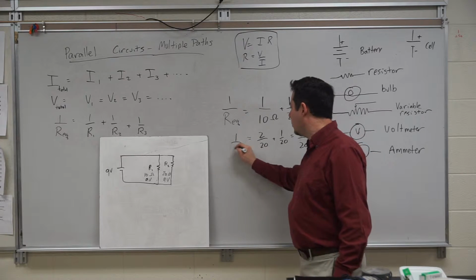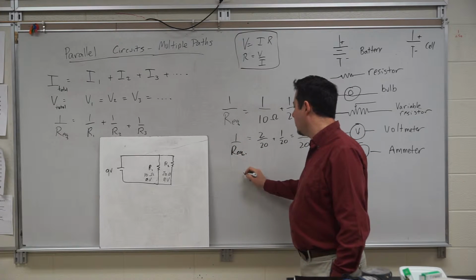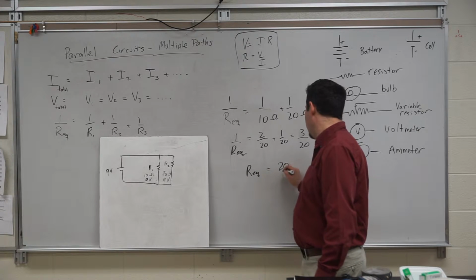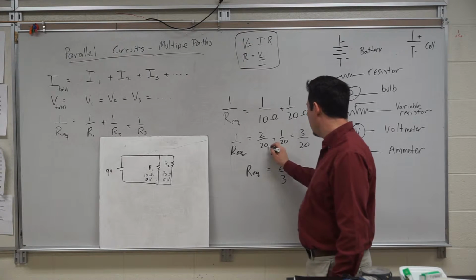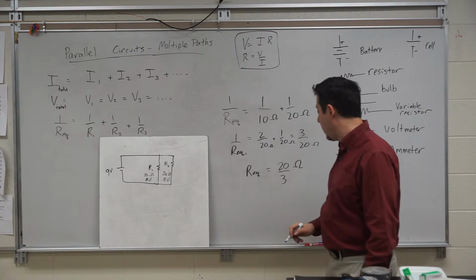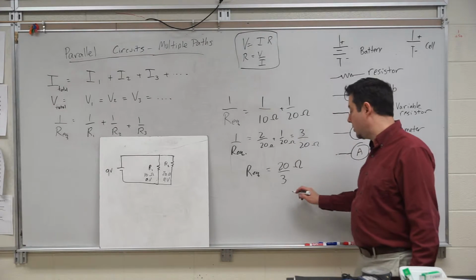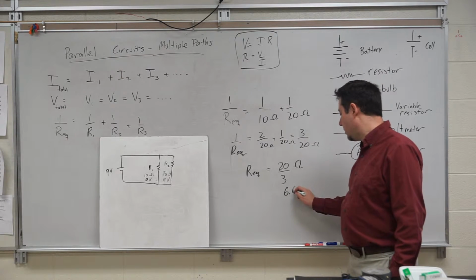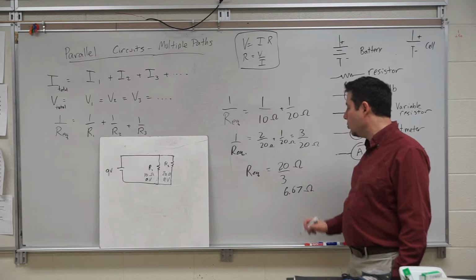So that is equal to 1 over the equivalent resistance, which means your equivalent resistance is equal to 20 over 3. We throw the ohms in here, and you'll see that the ohms come out in the right way. 20 over 3, which is equal to 6.67 ohms.